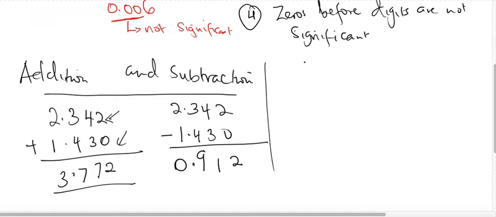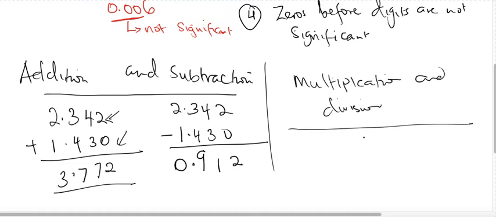And when it comes to multiplication and division, something is supposed to be considered. Here, you consider the number with the least significant figures.